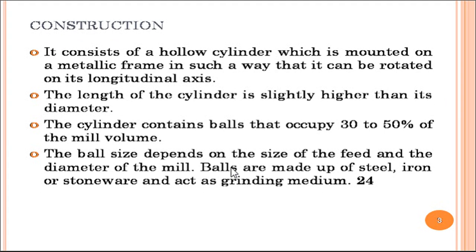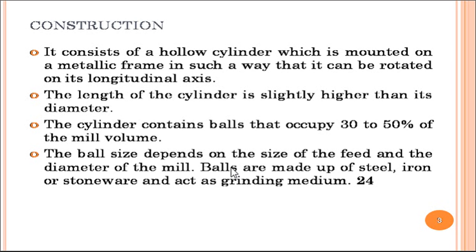When we talk about the construction, it consists of a hollow cylinder which is mounted on a metallic frame in such a way that it can be rotated on its longitudinal axis. When the mounted chamber is rotated, it rotates along with the pebbles, or so-called steel balls, of varying size.